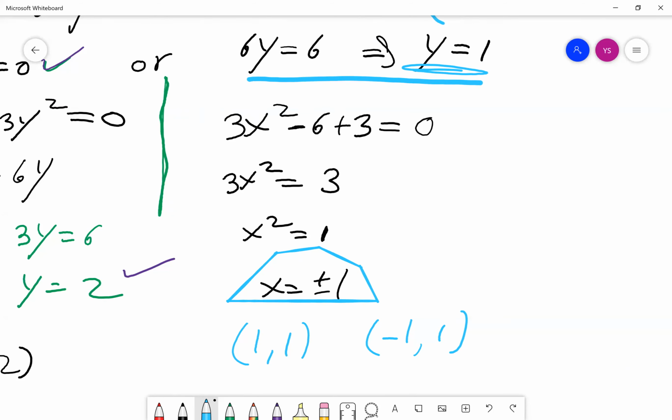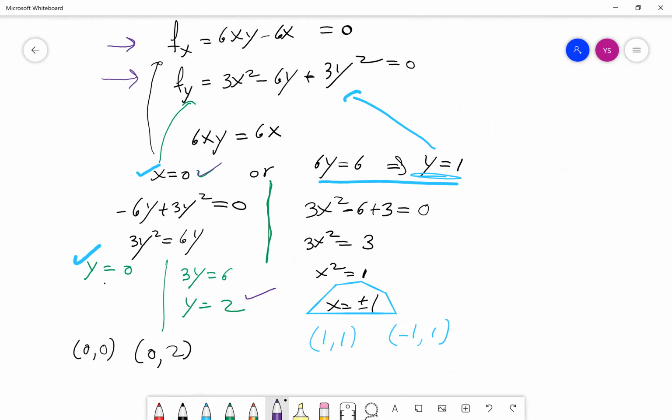So what did we end up doing? We took the partials, we set them equal to 0. We solved the first one, and we got two options: x is equal to 0, y is equal to 1. For x is equal to 0, we used the second equation, plugged in x is equal to 0, and got two critical points.